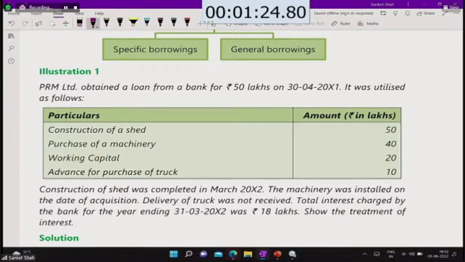Mukta, in the first example we converted rupees into dollars, that's why we considered that rate. But at the time of prepayment, closing rate.